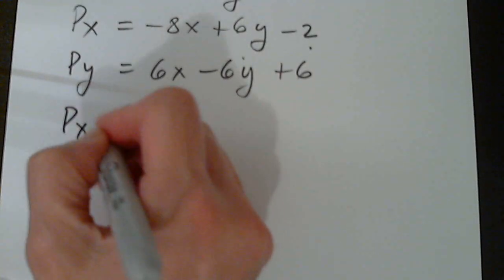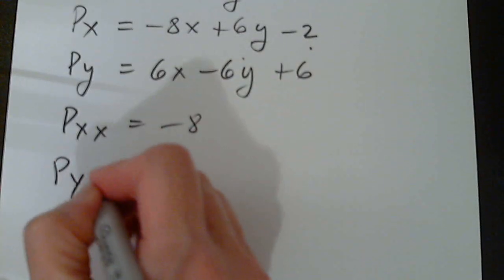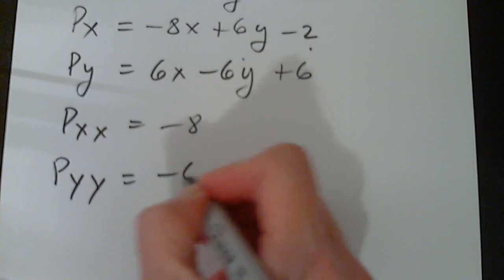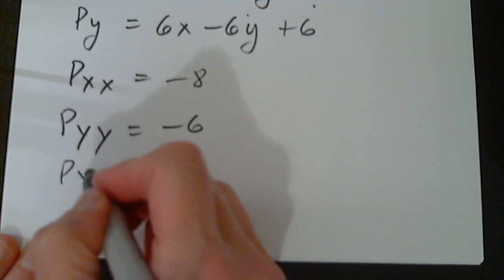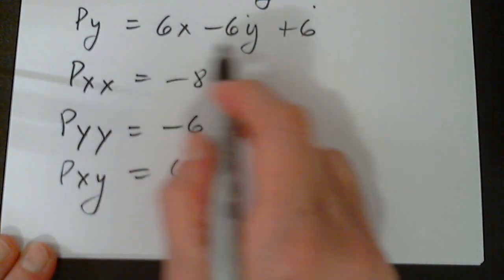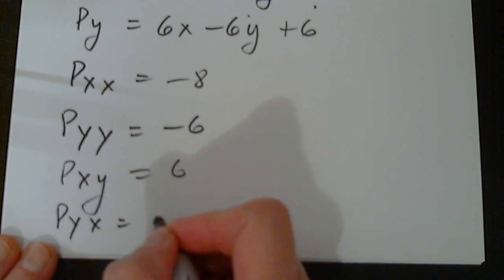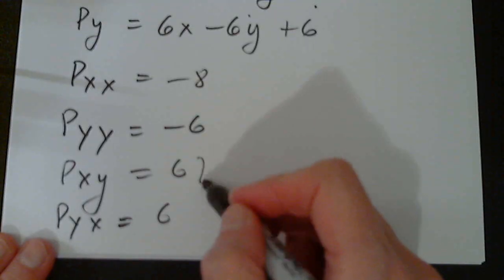Now Pxx, negative 8. Pyy, negative 6. Pxy, 6. Pyx, yes, 6. Good. This is good.